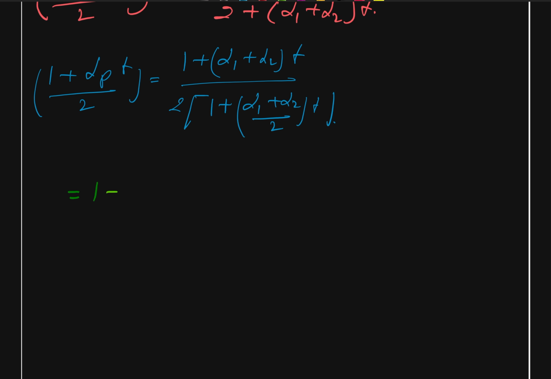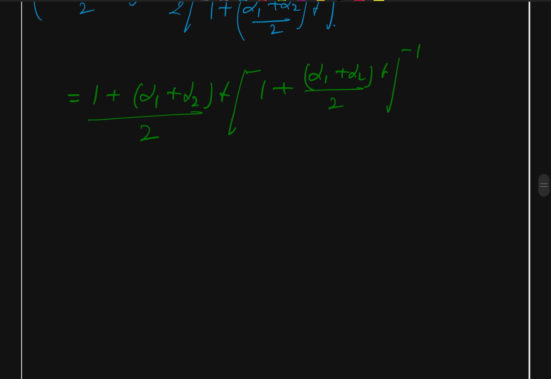1 plus alpha 1 plus alpha 2 times T, and the 2 we can take with this. So this comes as 1 plus alpha 1 plus alpha 2 times T divided by 2, and the whole raised to power minus 1.